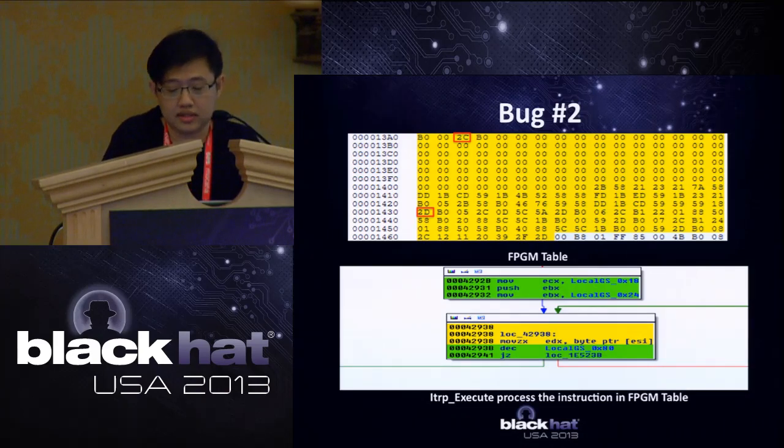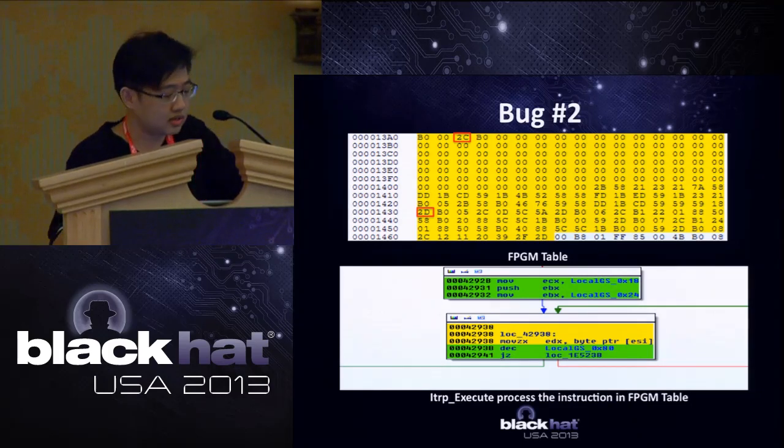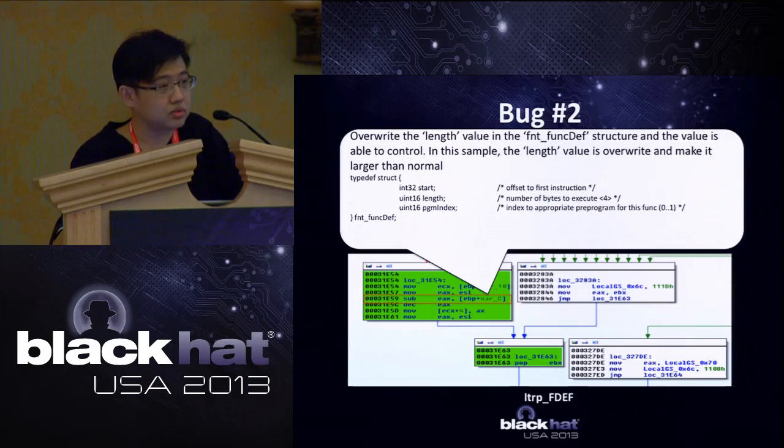This slide shows you the second finding of our fuzzing process. The picture at the top is the FPGM table in the crafted font. ITRP_execute processes the instructions of the FPGM table and defines a routine of broken code starting at offset address 13A3 until 142F. This allows us to control the length value in the fnt_FunctionDef structure and override the number of bytes to execute to be larger than normal.